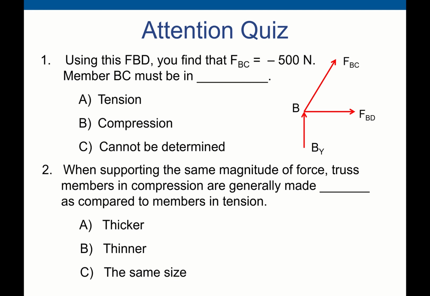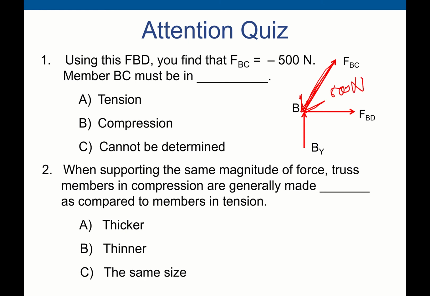It seems like this free body diagram is our assumption before we get the actual magnitude and the sign. So the negative sign means that actually the direction of FBC is opposite, right? So this one should be in the opposite direction, with 500 Newton.